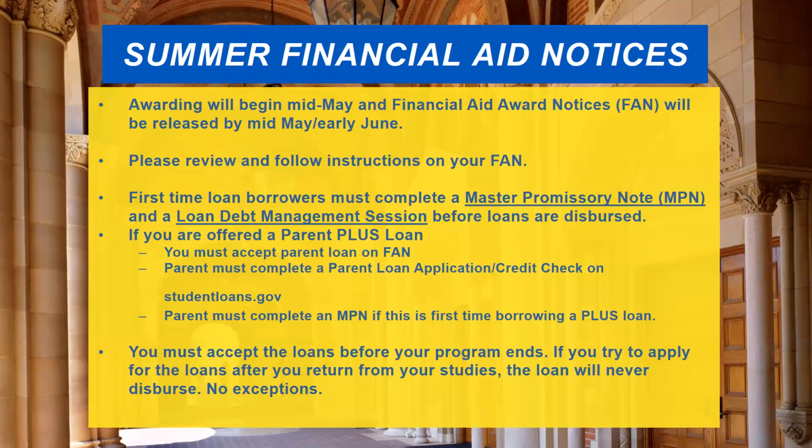If you wait after that, there's no guarantee that it's going to go through in time. I'm not saying it won't happen, but I can't guarantee. If you do it 2 weeks before, and your master promissory note, Parent Plus loan application and all that is done, that allows us time to do our processing and get everything done in a timely manner, so that it's done prior to the summer term ending.